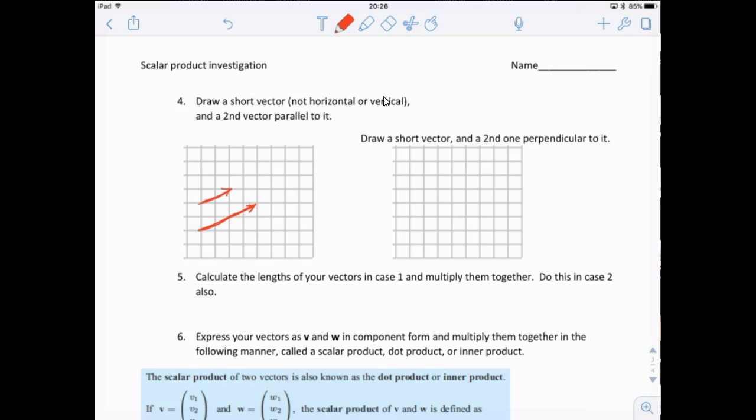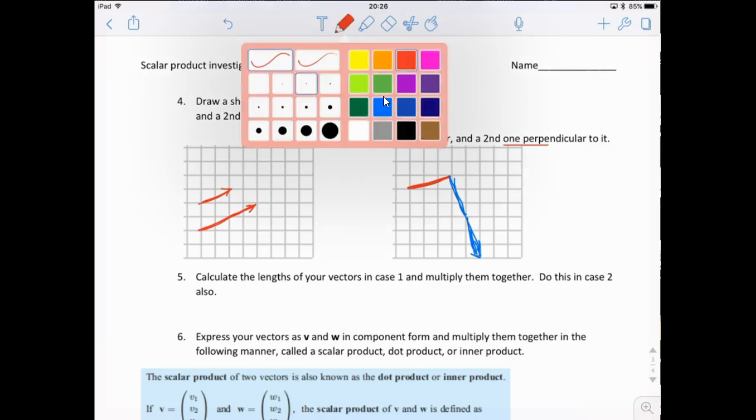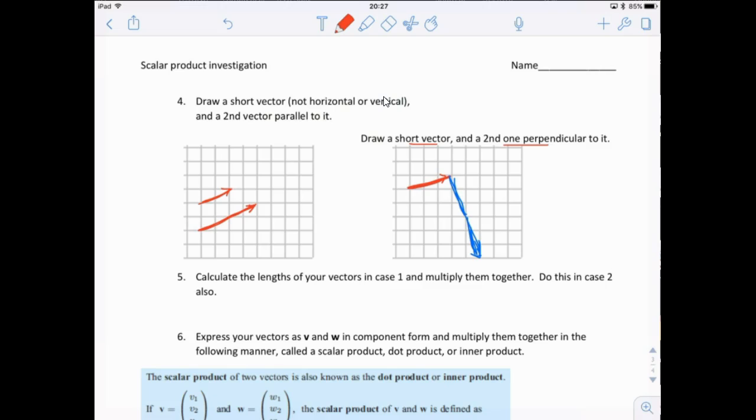Okay. Now I'm going to draw a short vector and a second one that's perpendicular to it. Okay, so I'm going to draw one vector that is 3, 1, and then I'm going to draw another vector that is 1, -3, except I'm going to make it twice as big. Okay, so now I'm going to write down the components of the vectors.